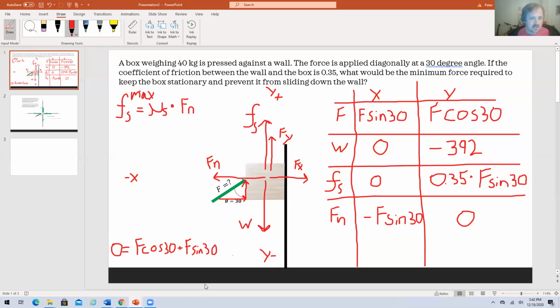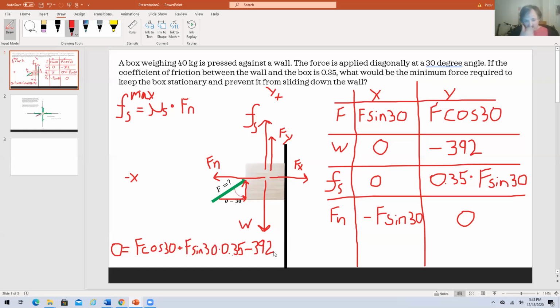F times the sine of 30 times 0.35, minus 392. Okay, now we're good.